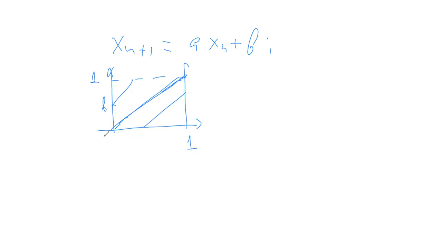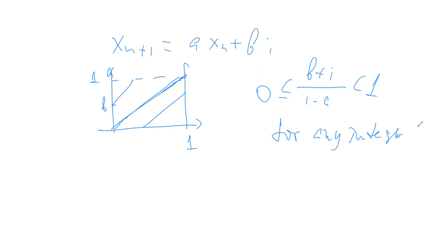It will depend on whether b plus I over 1 minus a is between 0 and 1, for any integer I. If there are such, then we will have fixed points, otherwise we will not. So if a is 1, here, for example, slope 1. Here, slope 1. No fixed points.